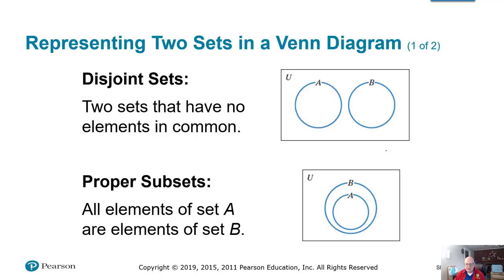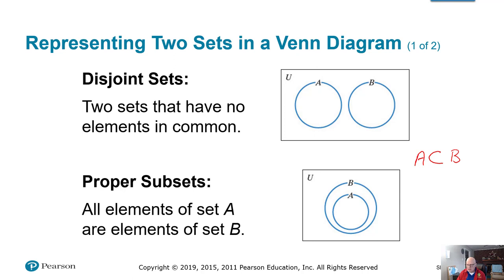Disjoint sets, they don't have anything in common. Proper subsets, one is inside the other. Remember proper subsets? We talked about those a little bit earlier. Like A is a proper subset of B if everything in A you can find in B, and B has some extra items, which makes B a proper superset, really.